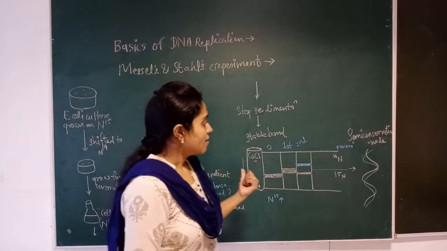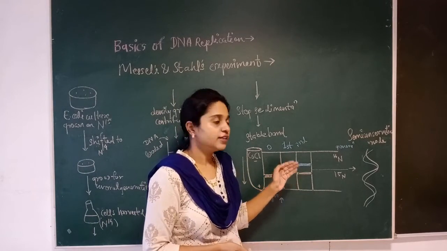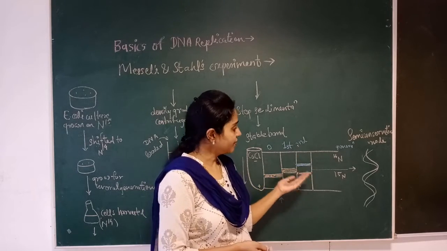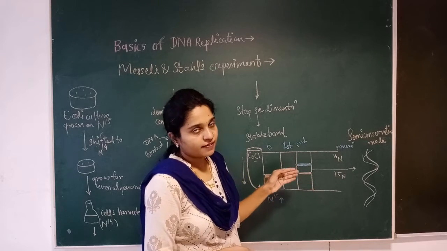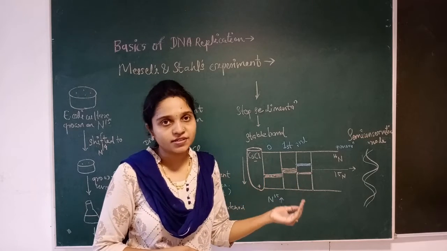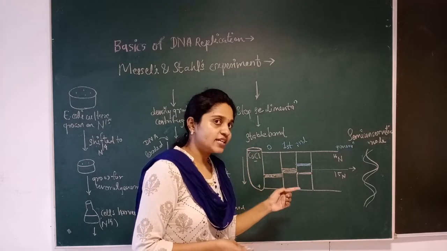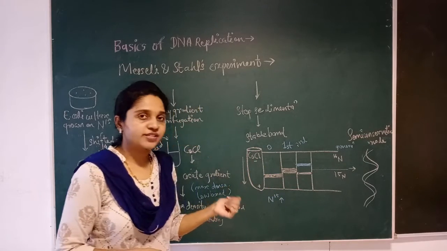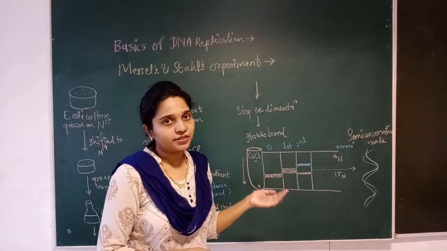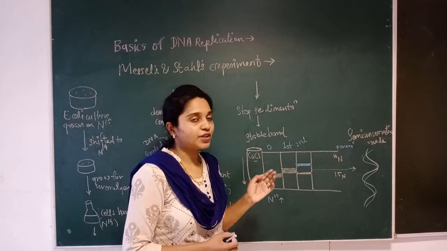This experiment gives 50% N14 and 50% N15, an intermediate band, which can happen only in the semi-conservative mode of replication, where the parental strand is present and the daughter strand is also present, which means that the mode of replication is semi-conservative.